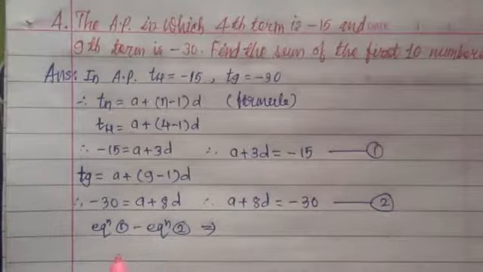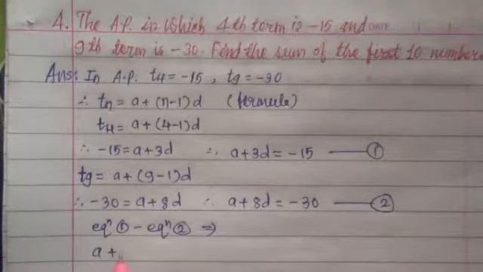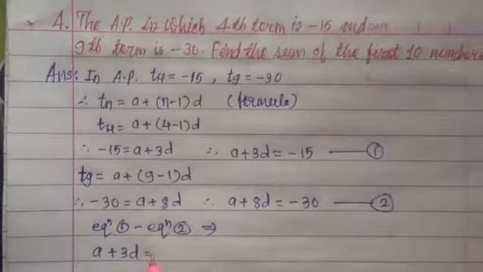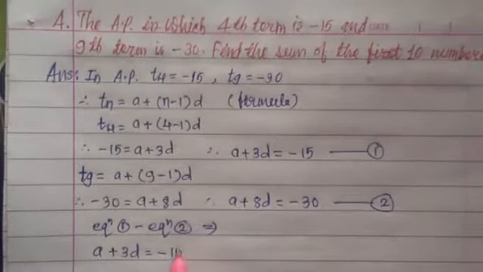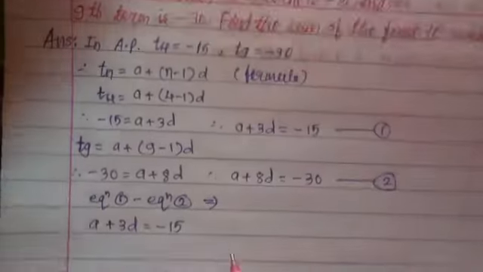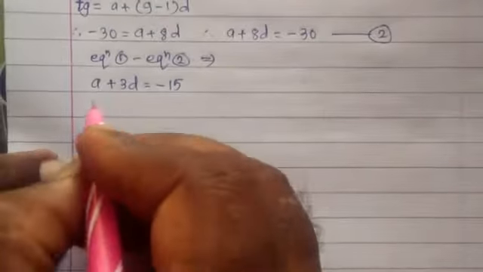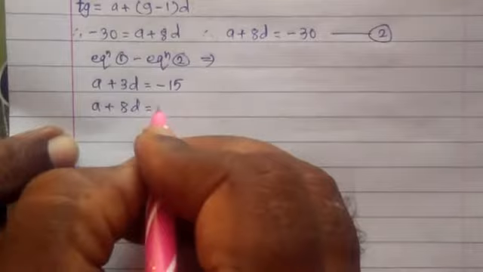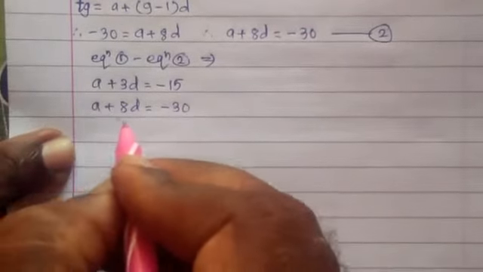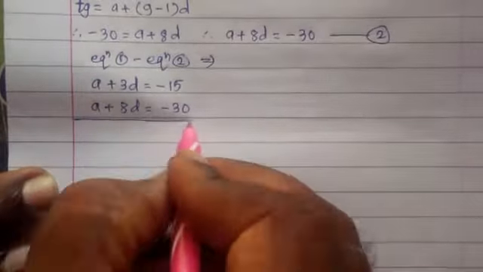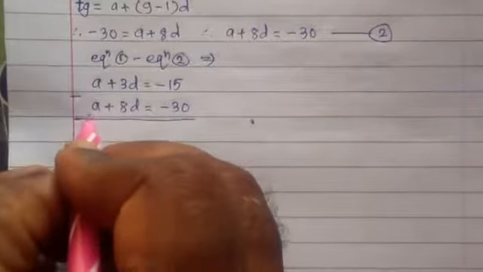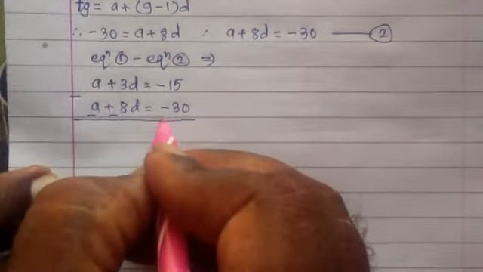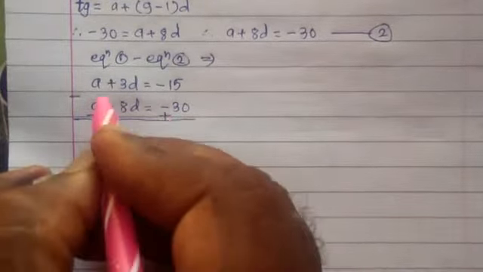Now equation 1 is a plus 3d is equal to minus 15, and second equation is a plus 8d is equal to minus 30. सबस्ट्रॅक्ट करायचं आहे म्हणजे याचं साइन आणि मायनस आहे तर ते प्लस होऊन जाईल.